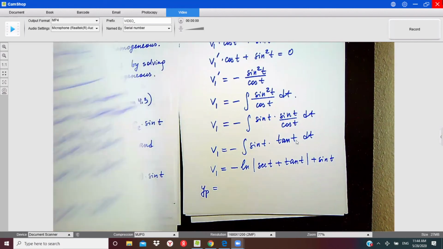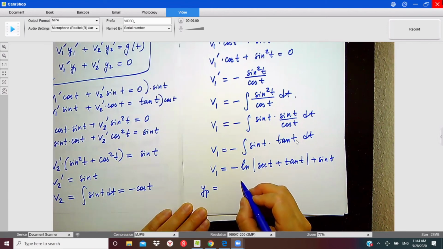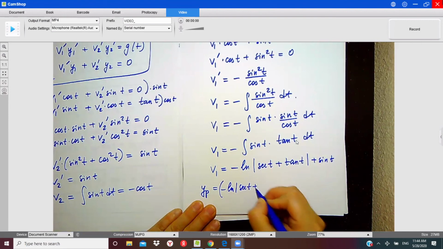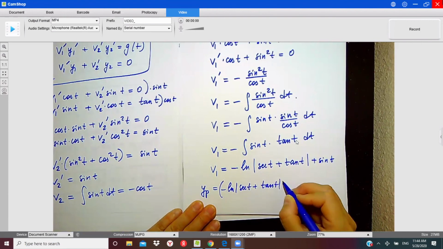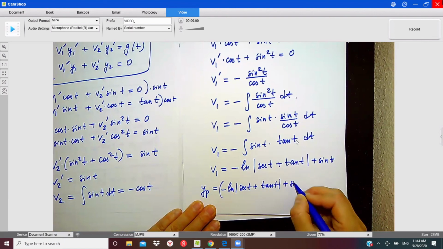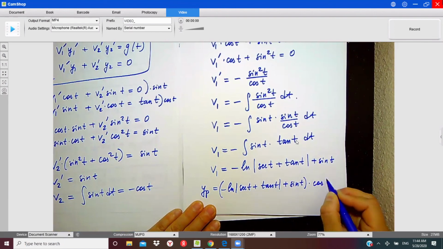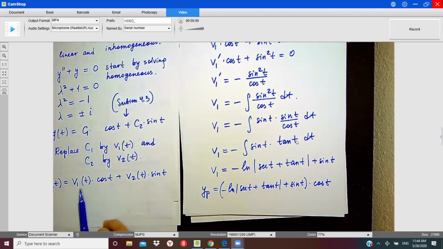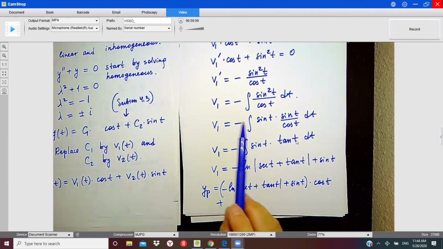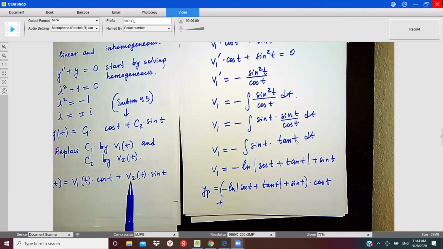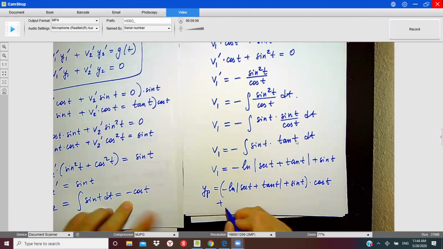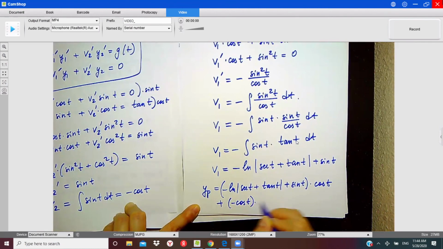So instead of c sub 1, we have negative ln absolute value secant t plus tangent t plus sine of t times cosine of t. That's just the first term. I replace c sub 1 by v sub 1. And finally plus c sub 2, which would be this one, v sub 2. So it's over here, negative cosine t times sine of t.